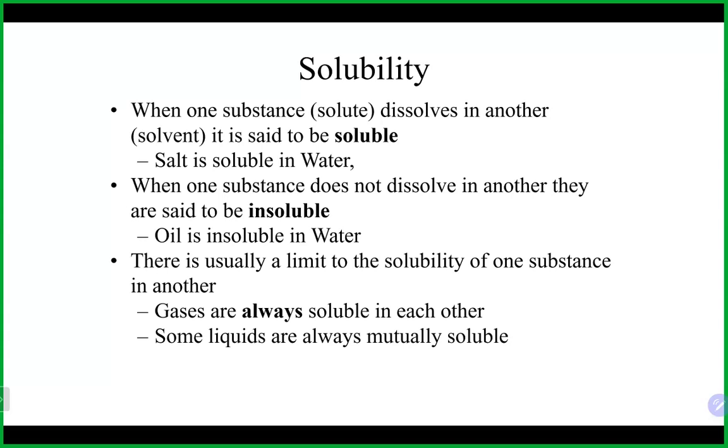For a solid in a liquid, it is often temperature dependent. If you increase the temperature, that usually allows a lot more of the solid to dissolve. And vice versa, if you lower the temperature, less solid will dissolve.